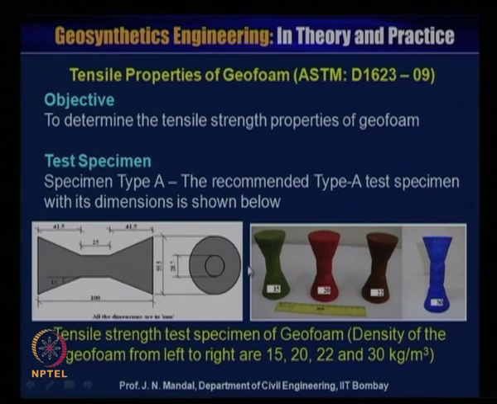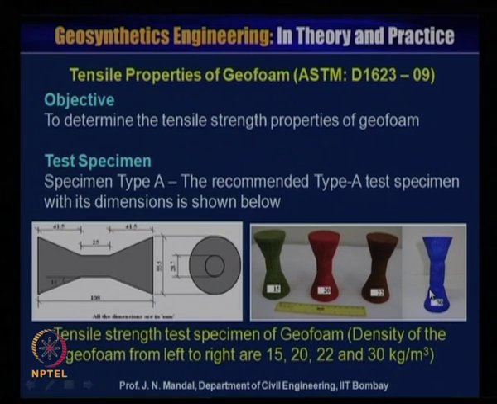You can see here a very typical tensile test specimen of geofoam of density 15 kg per meter cube, this is 20 kg per meter cube, this is 22 kg per meter cube, and this is 30 kg per meter cube.